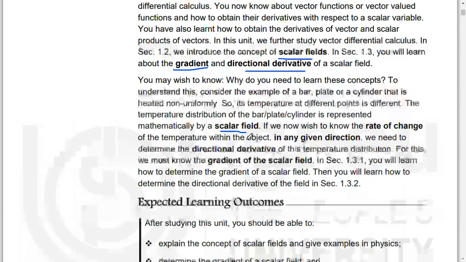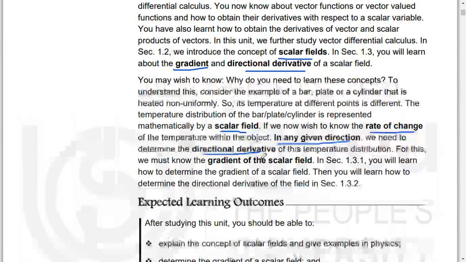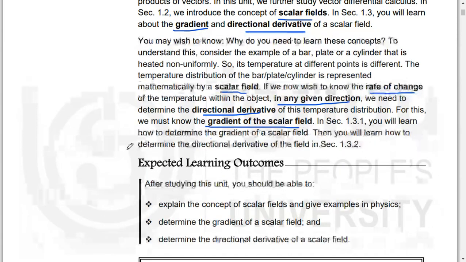If we now wish to know the rate of change of the temperature within the object in any given direction, we need to determine the directional derivative of this temperature distribution. For this, we must know the gradient of the scalar field. In section, you will learn how to determine the gradient of a scalar field. Then you will learn how to determine the directional derivative of the field in section.